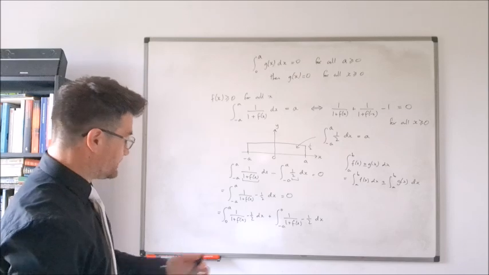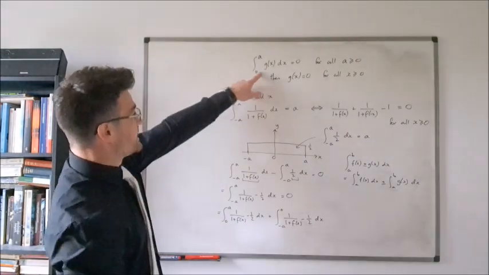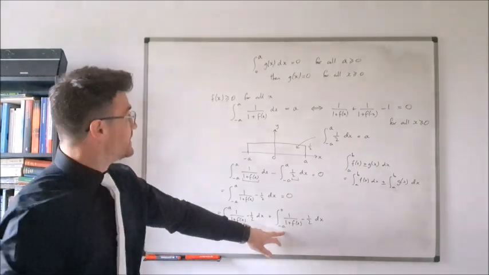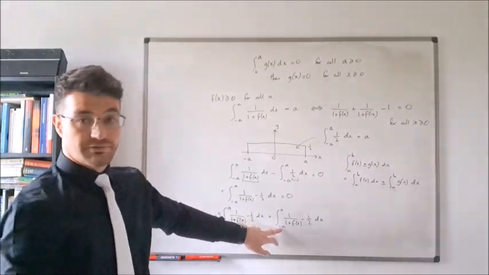This is fine, but there's a bit of a problem because the limits are the wrong way round, and not only that, one of them is negative.